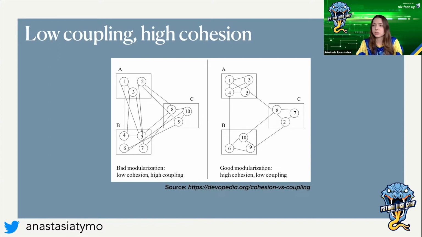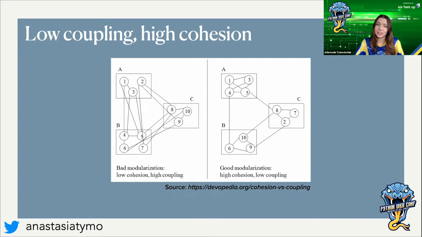As you can see in the picture, when the modules within this box, within one service, interact nicely with each other, and then they don't have too many interactions between different services, it's good, right? As long as you keep those interactions between different huge systems low, it would serve the purpose.